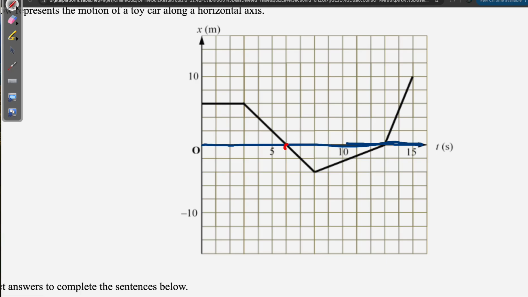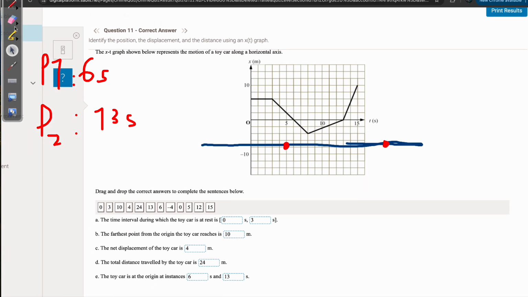We have here and here. Point 1, let's say P1, will be at 6 seconds. Then P2 will be 15 minus 2, which is 13 seconds. So the answers should be 6 and 13.